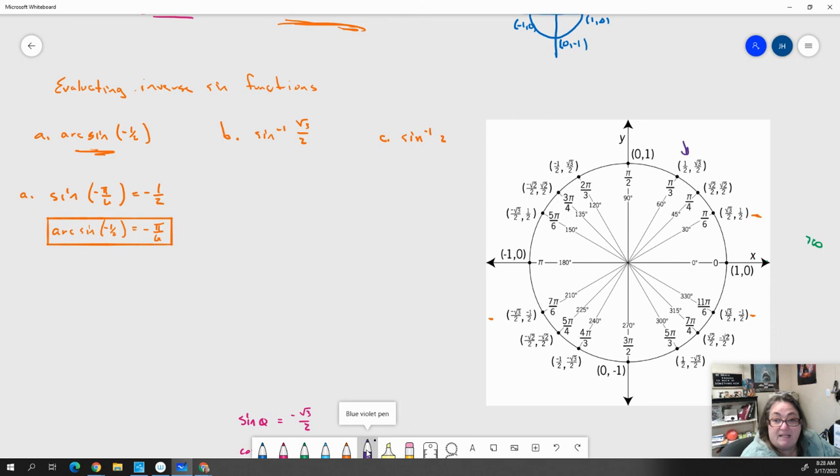So we can say that sine of pi over 3 equals radical 3 over 2, right? Notice this is a positive radical 3 over 2. So I can just say the inverse sine of radical 3 over 2 equals pi over 3.